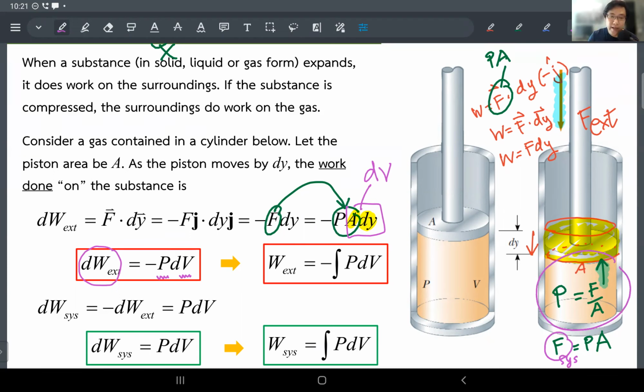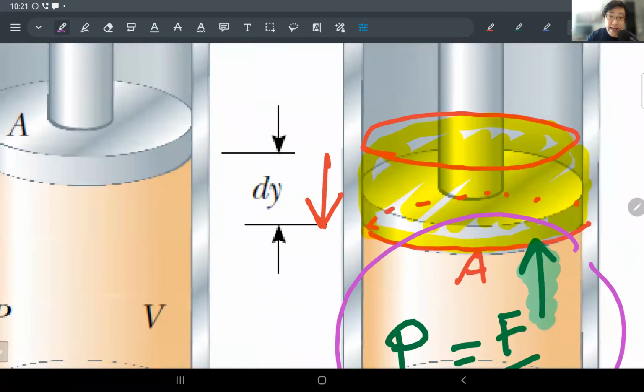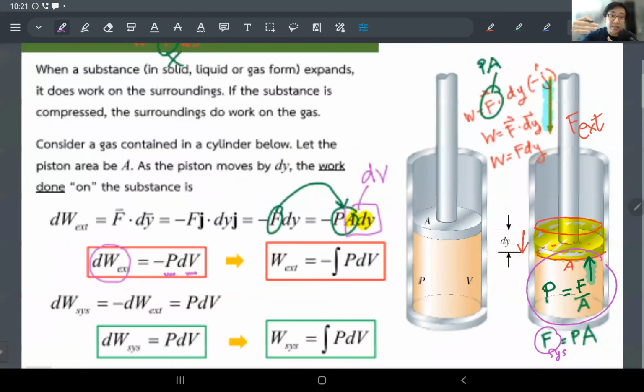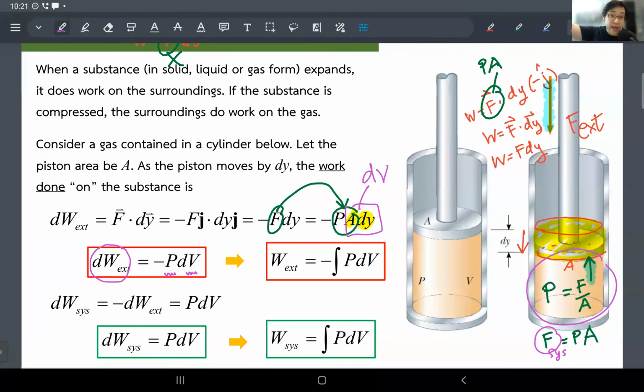Every time you talk about the pressure, you're talking about the force initially applied by the gas itself. That makes sense? And that is the bottom arrow here. The gas is pushing the wall or the ceiling, and that is trying to go against whatever external force is being applied. So if you use these two forces, of course, the work done will be in the opposite sense.